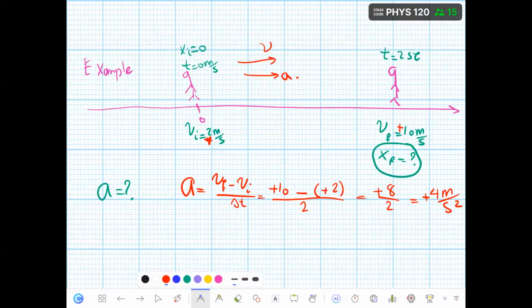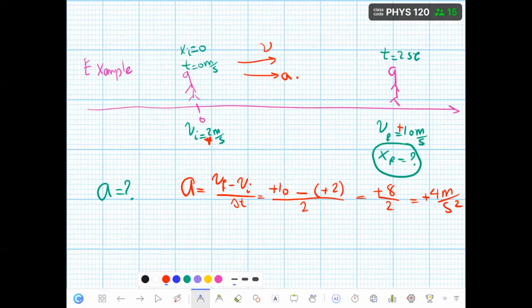Position. You remember I wrote down the second format of the velocity. It was xf equals xi plus v, but what is that v?